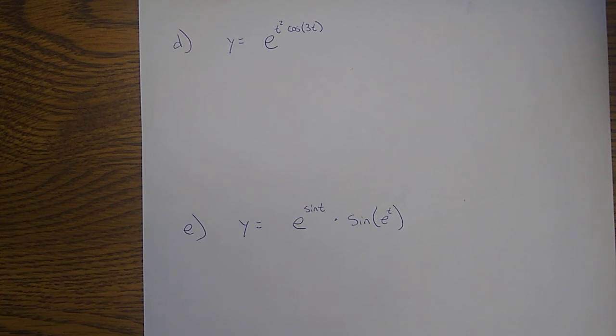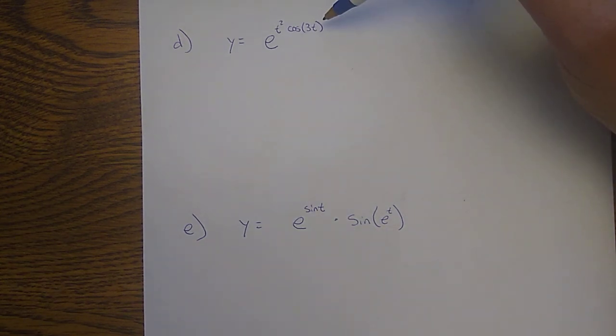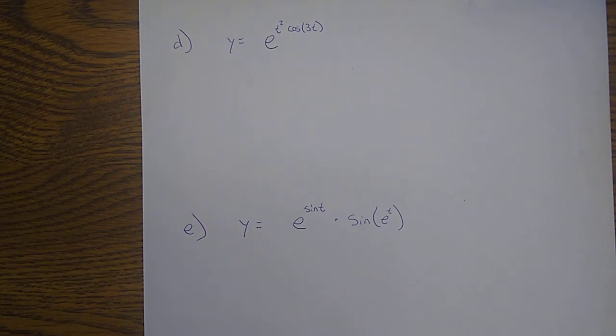They might involve both the chain rule and the product rule, or it might be using the chain rule several times in the same example.